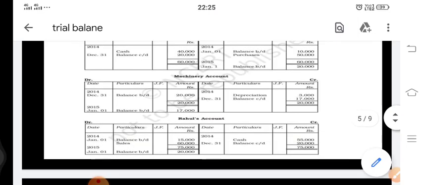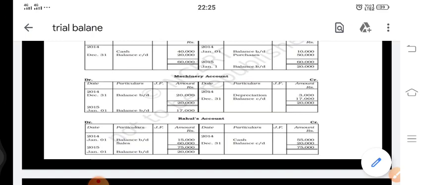Next we have Rahul's account. Rahul's account is showing balance brought down 15,000 and sales 60,000. So the debit side total is coming to 75,000, and on the credit side we have cash, which means we have received cash from him.